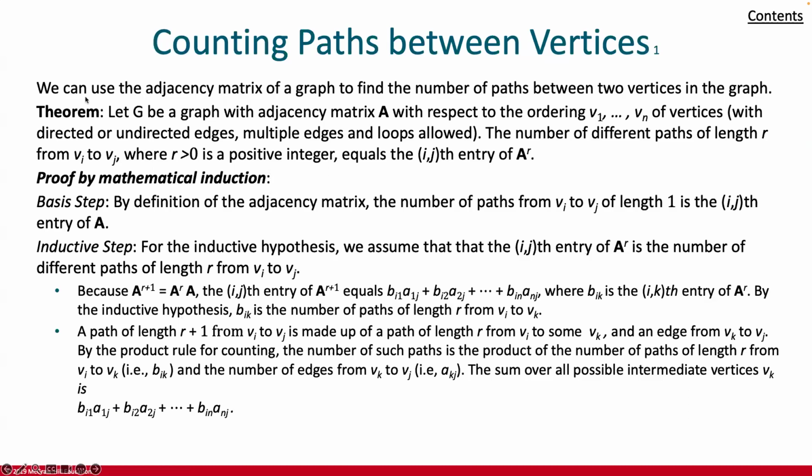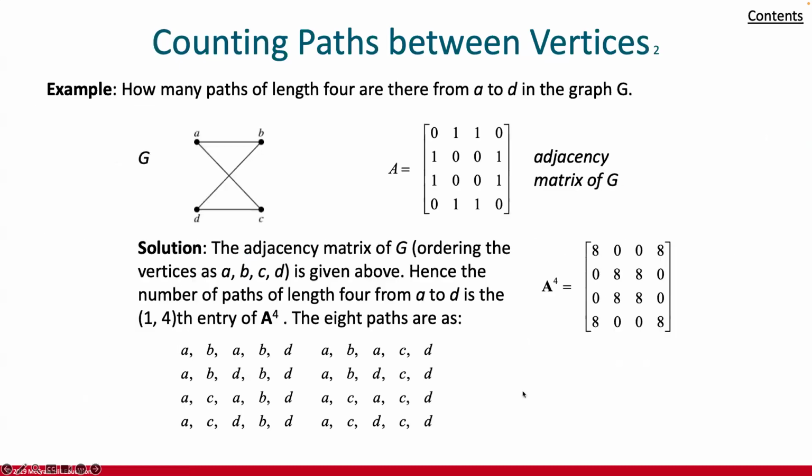In terms of counting paths, we can use the adjacency matrix of a graph to find the number of paths between two vertices in the graph. I'll let you go ahead and read through the theorem and think about the proof of that, but I'm just going to move on here.